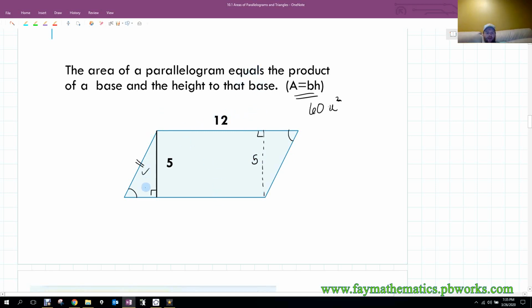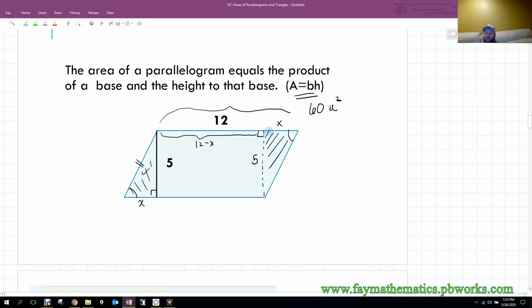So let's kind of do something here. We know that this whole distance here is 12. I don't know what this part is, so I'm just going to call it X. So this here would be 12 minus X. Now this triangle here is the same as this one, so this would be X here as well.